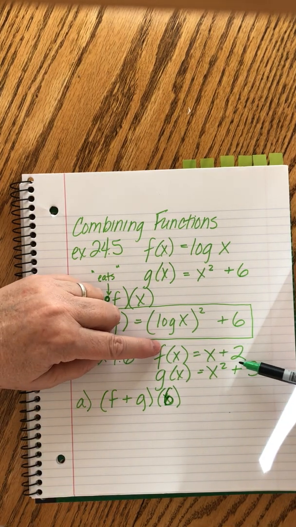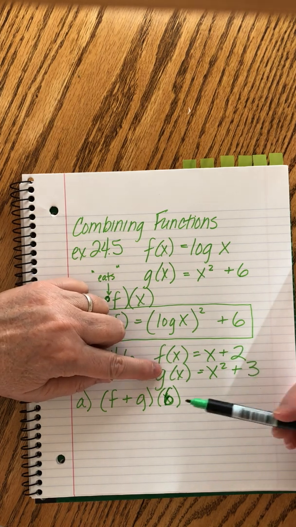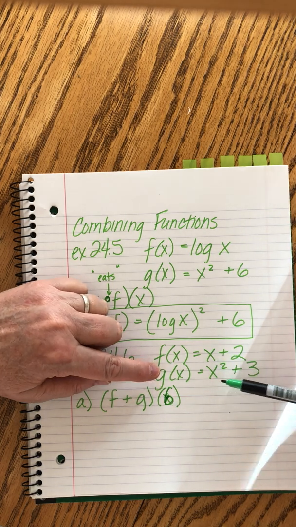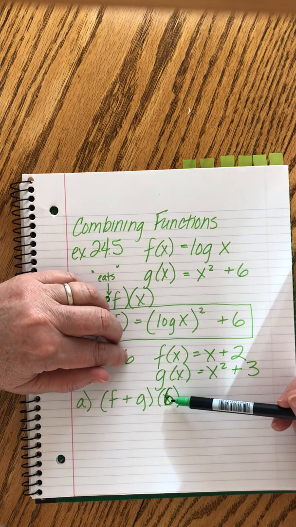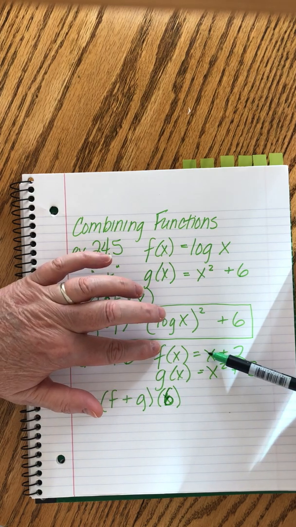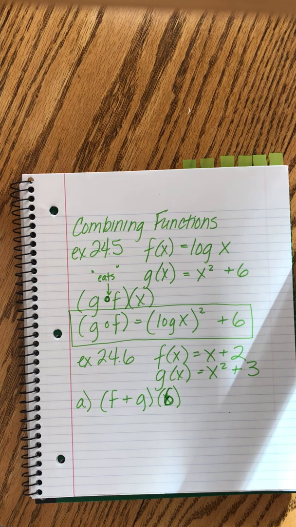One thing he could be saying is put these two functions together and then find out what happens if you plug 6 in for the x's of the combined function. The other way we can do it, and we're going to do it both ways, just so you know, is say solve this one for 6, solve this one for 6, and then add them together.